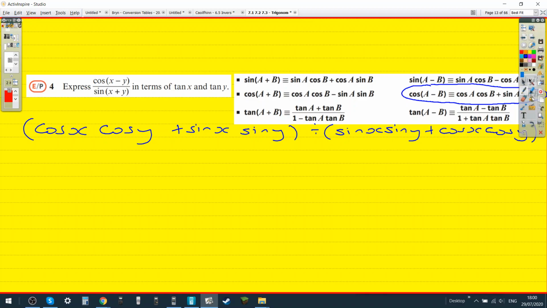Okay, what is next? We want tan x and tan y. Divide by cos x and cos y. Yeah, so divide the top and bottom by cos x cos y, and that will keep everything the same.